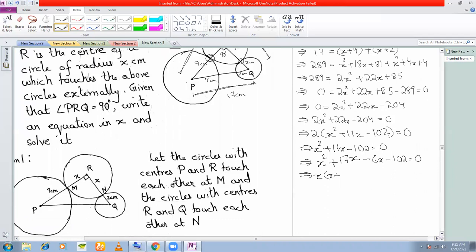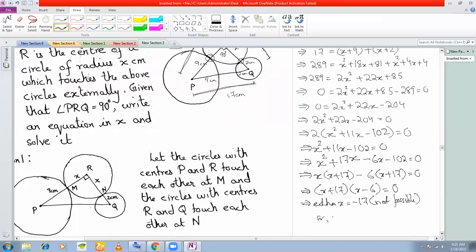Get x into x plus 17 minus 6 into x plus 17. That means you get x plus 17 into x minus 6 is equal to 0. That means you get either x is equal to minus 17, which is not possible. Radius cannot be negative.